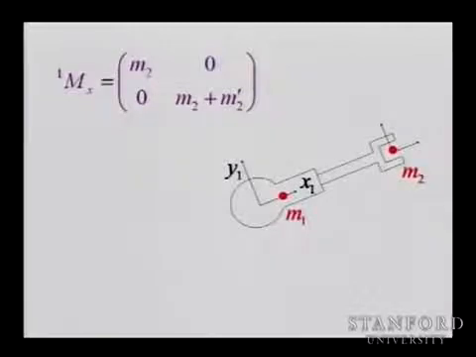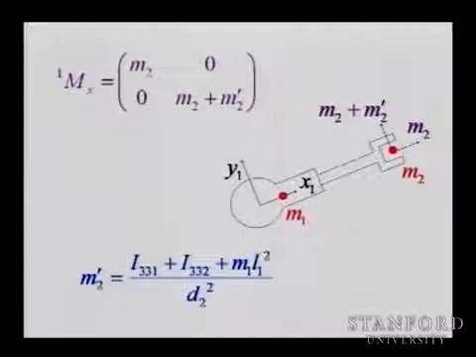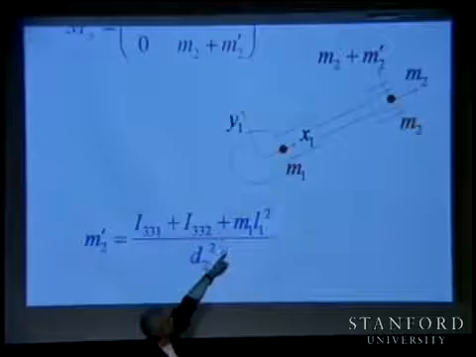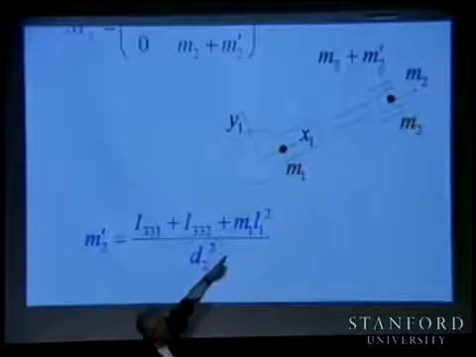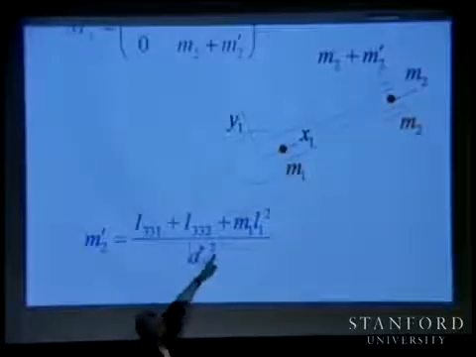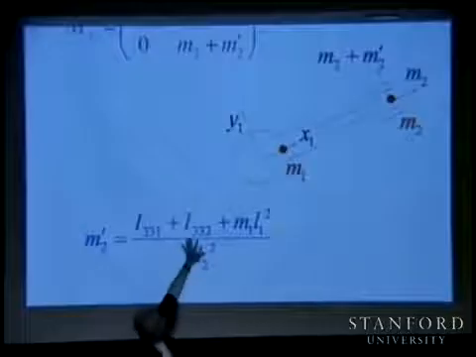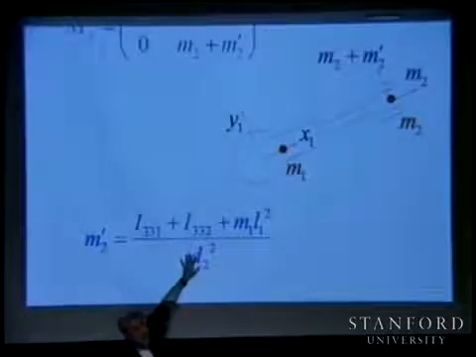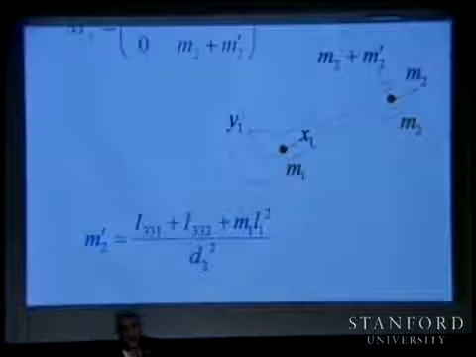Right? So essentially what you are doing, actually M2 prime, is taking this distance, dividing it by 2, and computing all the inertias related to M1, the inertias of link 2 and link 1 that appear here, all as if they were just a mass. So this is what you're doing.